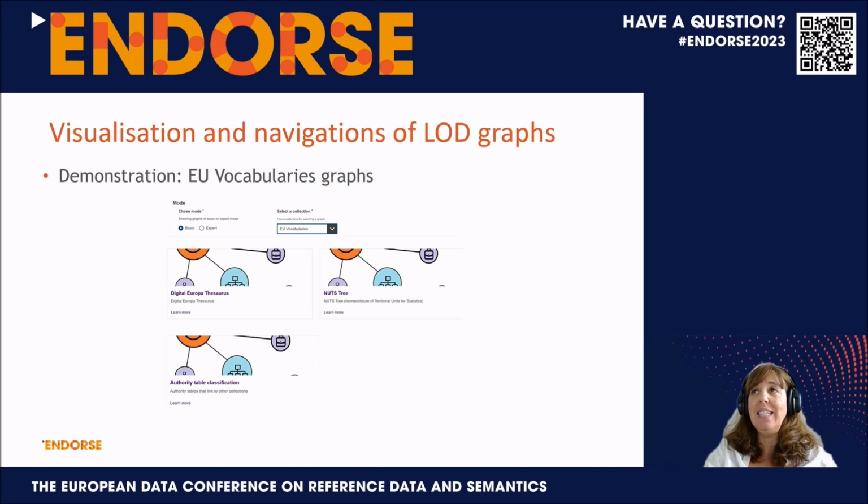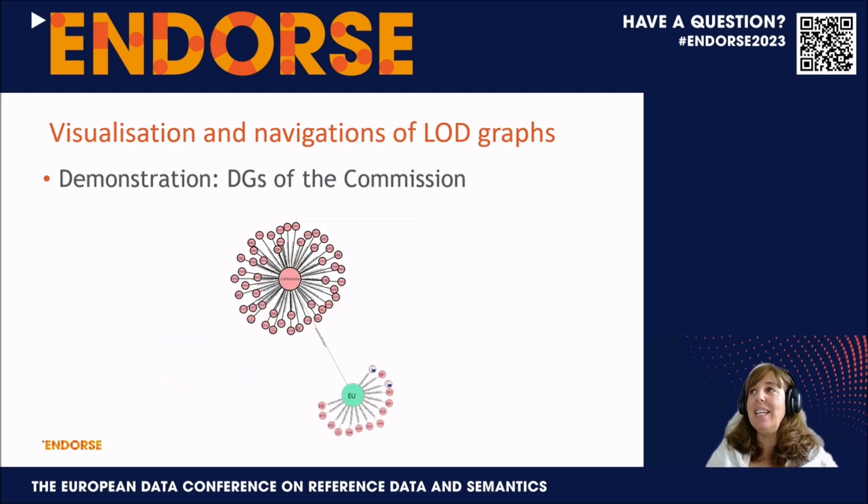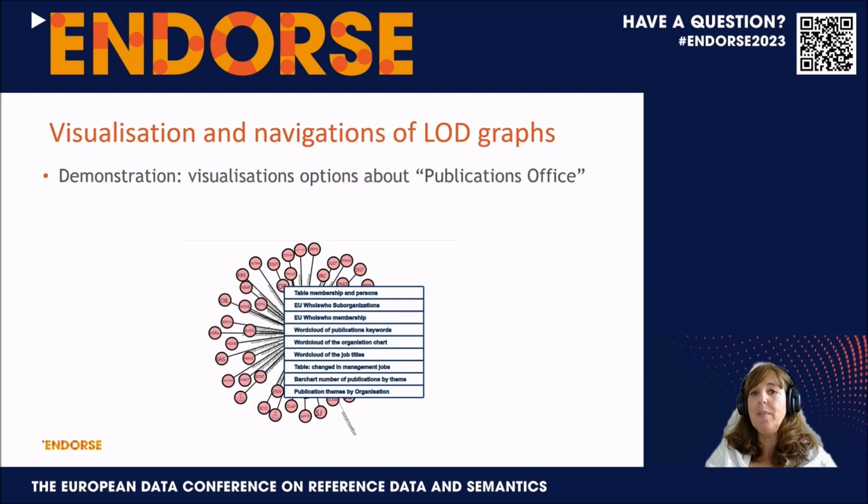In next slide, this is an example of the EU institutions graph under the EU Who is Who collection. We have clicked on Commission, and the graph has been expanded with the sub-organizations for the Commission.